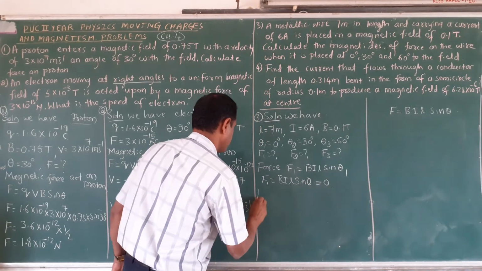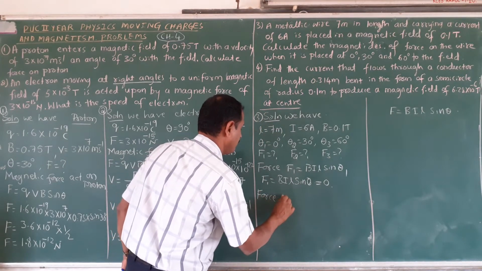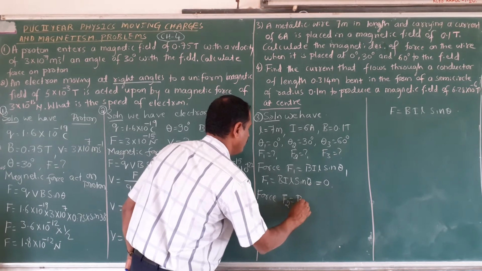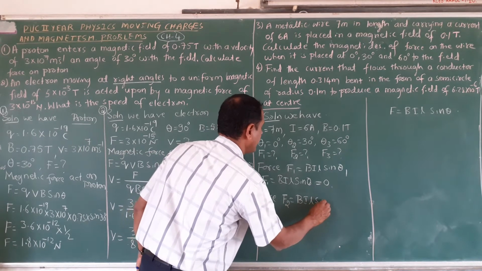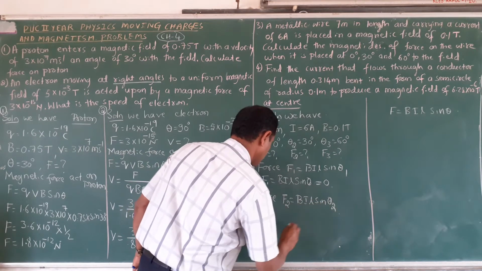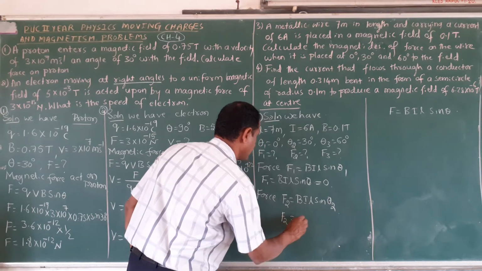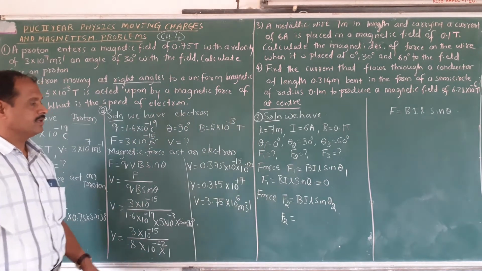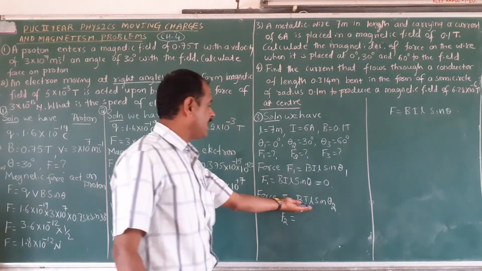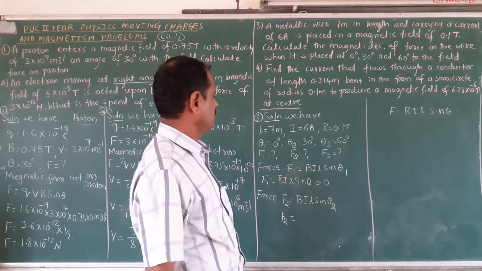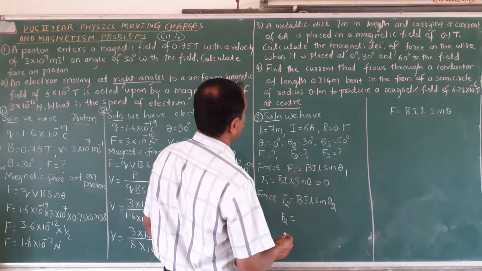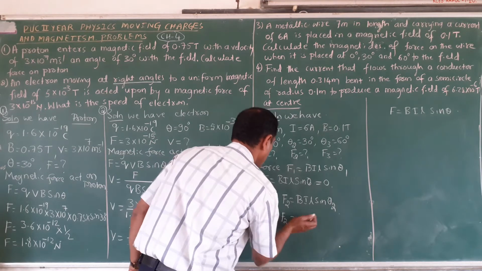Now the second force F2 is equal to BIL sin theta 2. This is another force, the second force. Now see here, what is B? B is 0.1.